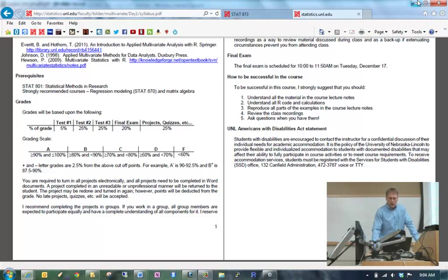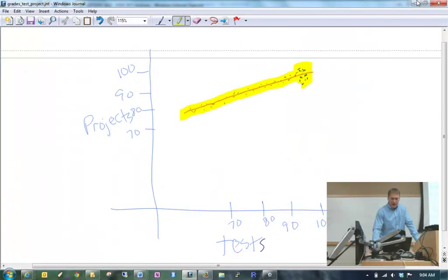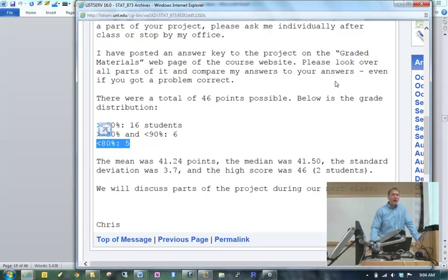First of all, please make sure to read through the entire answer key, even if you did perform well on the project. The reason being is because I might have answered the problem differently than what you had. Sometimes when I'm grading a project, I see a student's answer and, well, yeah, it is essentially right, but maybe it could have been answered better, and so maybe I didn't take off points for it.